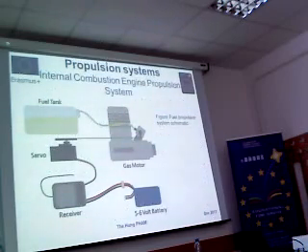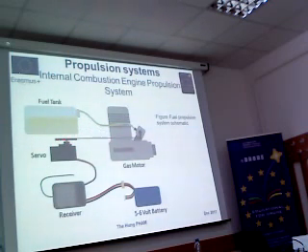So this is the engine propulsion system. You can see we have the fuel tank, we have the gas inside, we have the gas motor, and we need one servo motor in order to control the amount of gas that will be burned for the rotor.